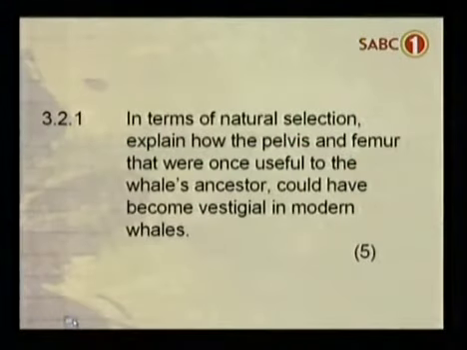In terms of natural selection, which we're talking about all the time, explain how the pelvis and femur that were once useful to the whale's ancestor could have become vestigial in modern whales. Now, what is interesting, we say that all life evolved in water. Some organisms then came out of the water, and some went from terrestrial back into the water. The whale is an example of one of those.